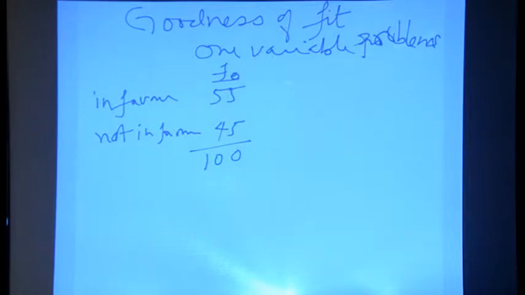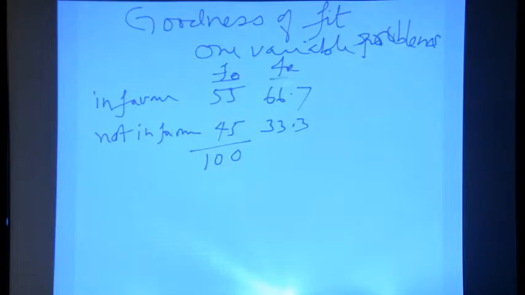So, what happens here now? FO: 2/3 should be in favor. So, FE, the expected frequency, is 2/3 of this. So, 2/3 of 100 is 66.7, and 1/3 maybe not in favor. So, that is 33.3.